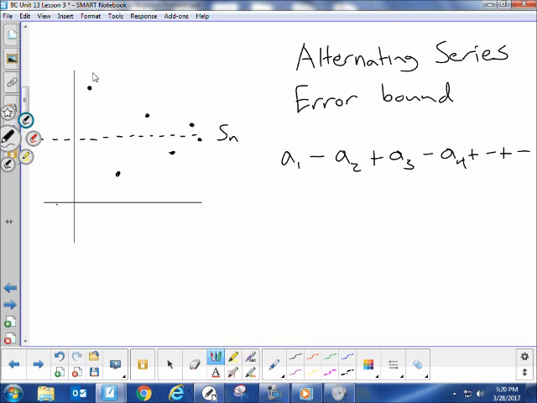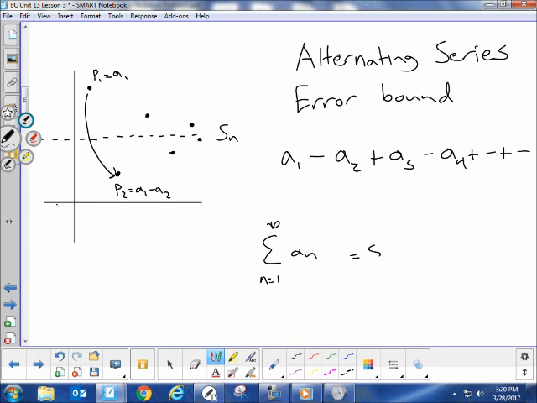When we started with our first partial sum, which was A1, if it was a positive value, when we subtracted our second one and got P2, that's A1 minus A2, what happened is we jumped over what ended up being our sum, the actual sum of our infinite series.